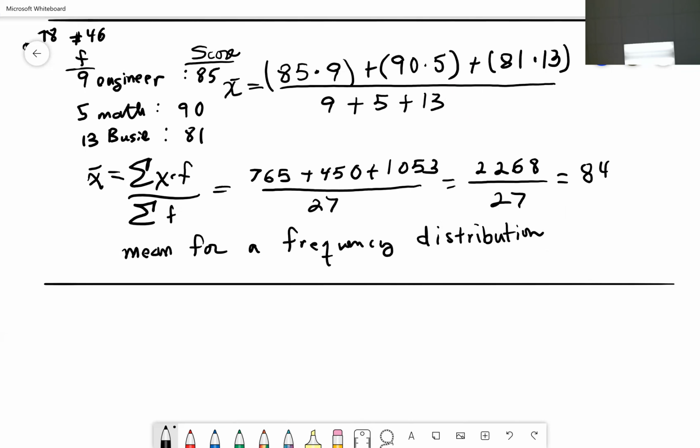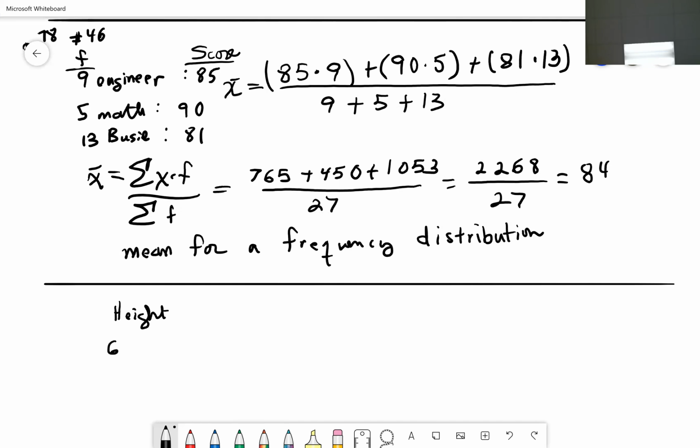So what if instead of having a regular frequency distribution, you have a group frequency distribution? Let's say this is heights.